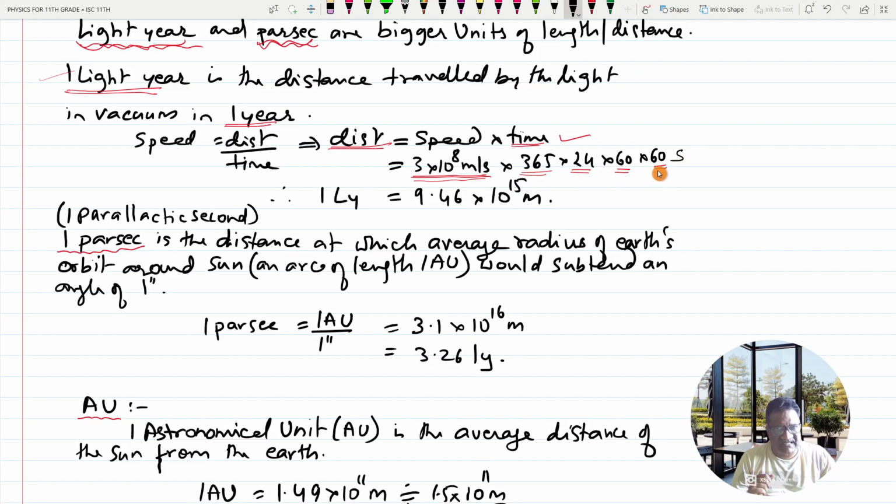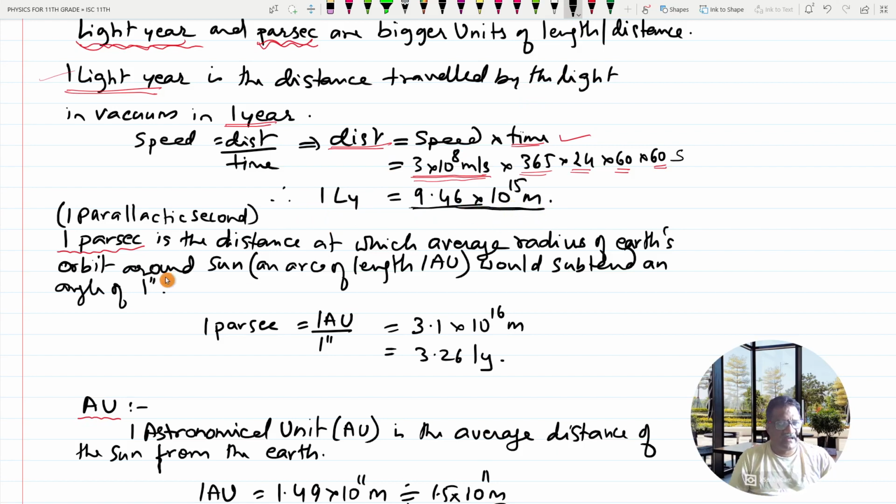Now multiply this time in seconds by the speed, that is 3 into 10 raised to 8. If you multiply this out, you will get a value of 9.46 into 10 raised to 15 meter. This is nothing but one light year. So one light year is equal to 9.46 into 10 raised to 15 meters. This is a very important relationship that you get.